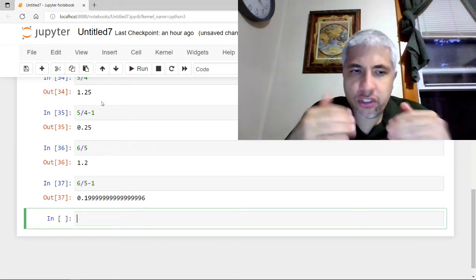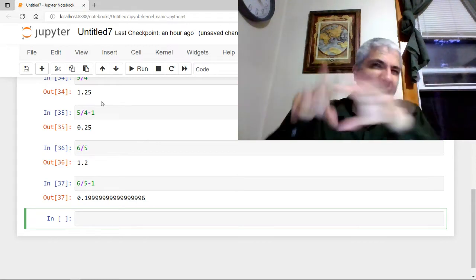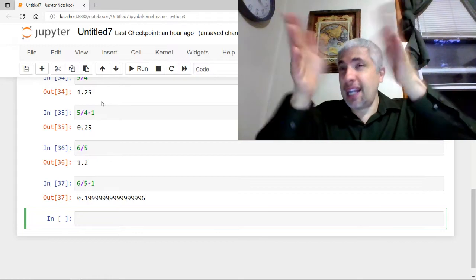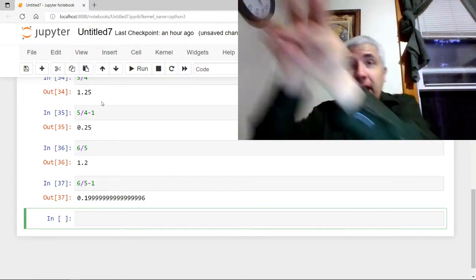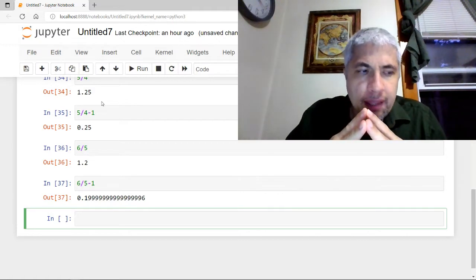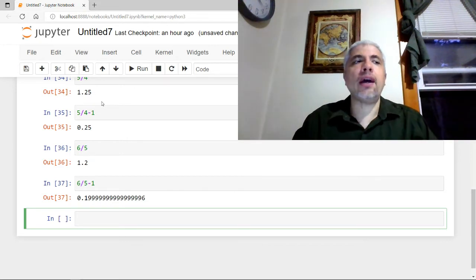You could sort of think about it in your head as a mesh, where it has a very fine mesh of little points, and it's grabbing a point that's close to whatever it is based on the way that number is being stored. This can cause all sorts of errors, so I'm going to give you a tip right now.